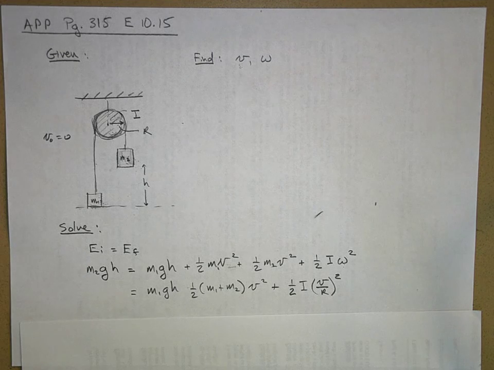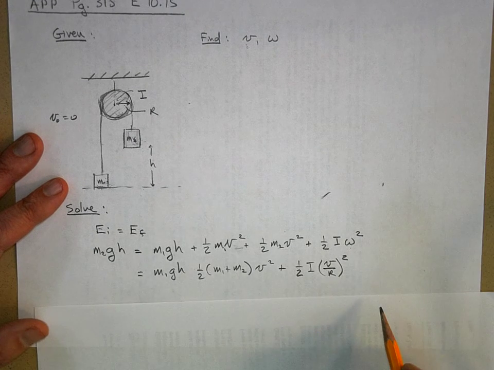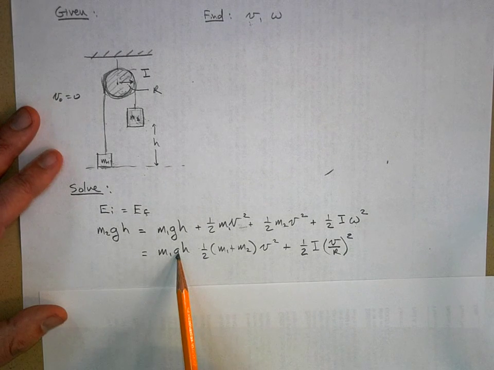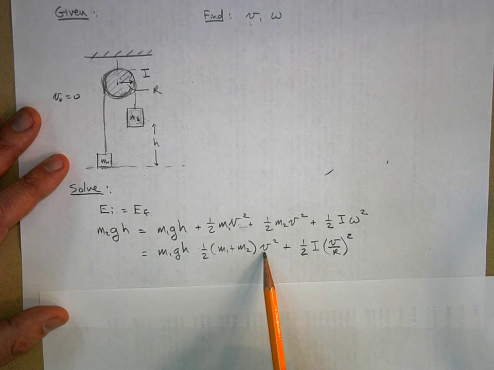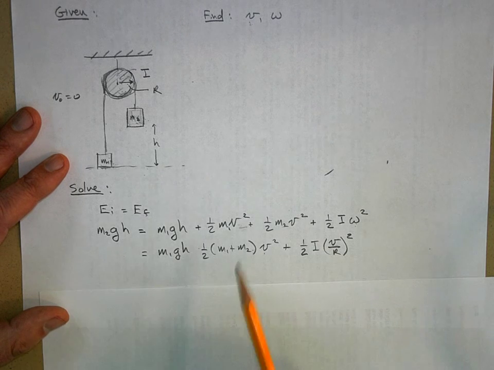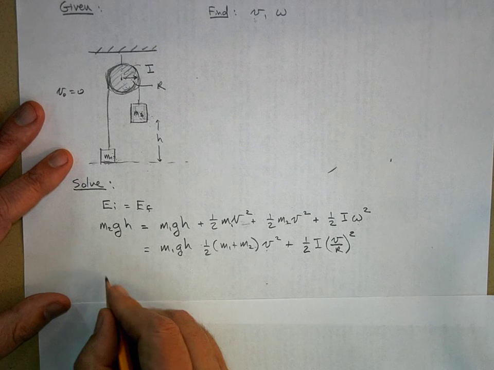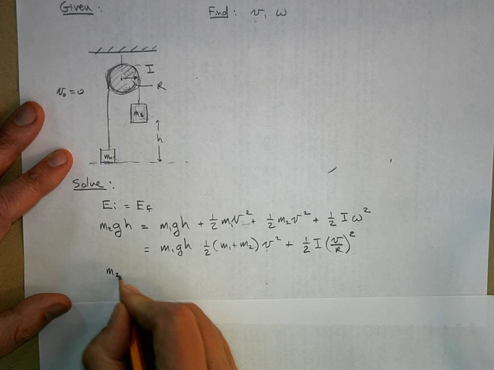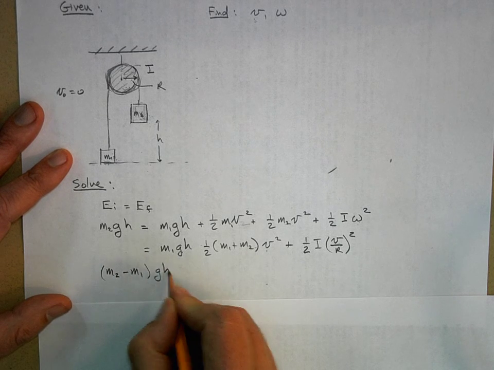So this is going to get ugly. We have to take this expression and solve it for v. First, I'm going to do a couple of things. I'm going to bring this to the other side, and I'm going to factor out v squared from this big long expression. So this becomes (m2 minus m1) times gh.